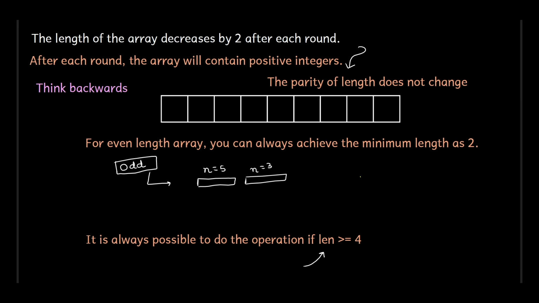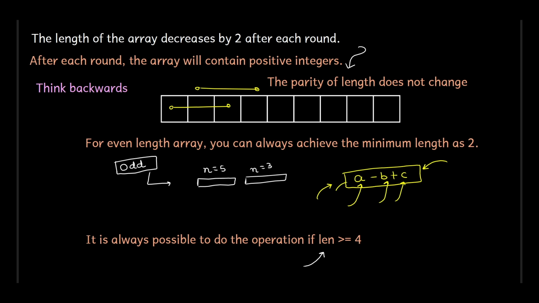Now on length 3, our arguments are not transferable, because the two overlapping window argument that we made was only for 4 elements. If length is equal to 3, then you are at the mercy of the elements that remain: are the final elements that are retained strictly greater than 0?